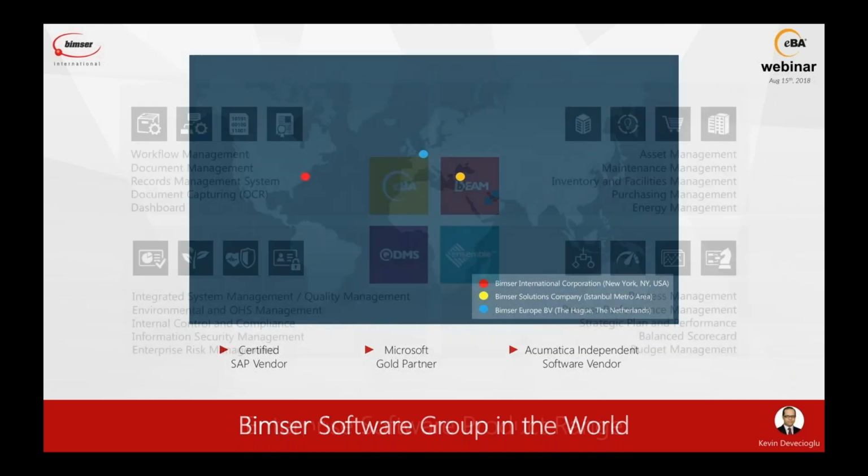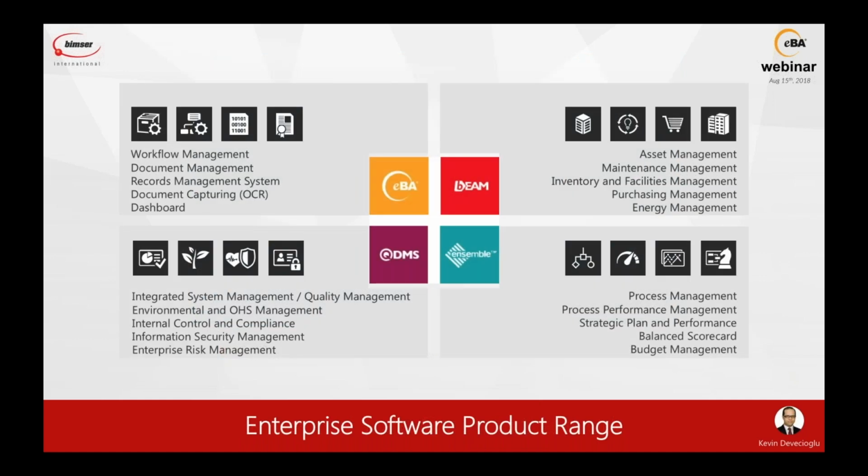Since 1998, we have been developing 4 products only. One of them is eBA, our workflow and document management platform. We have QDMS, for quality management, compliance management, and risk management software. It helps companies comply with ISO, BRC, and other management standards. BIM is an asset management and maintenance management software.